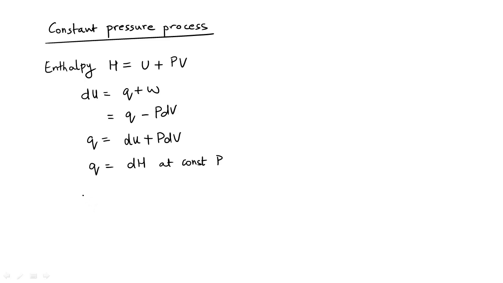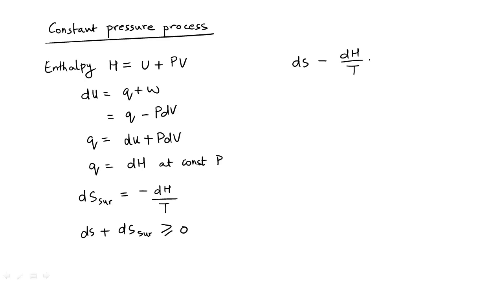So the change in entropy of the surroundings, dS surroundings, is equal to minus Q by T, which is minus dH by T. And from the second law of thermodynamics, dS plus dS surroundings is greater than or equal to 0, which implies dS minus dH by T is greater than or equal to 0.